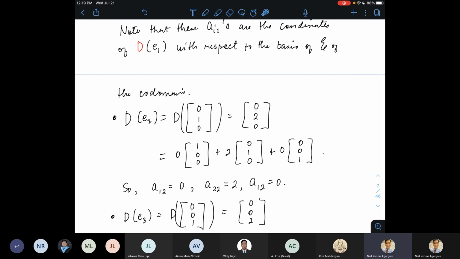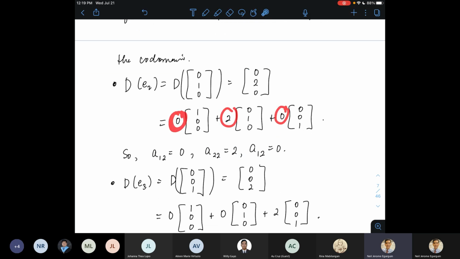Again, it just so happened that I chose the canonical basis for the codomain. All right. And then I'll take the coordinates 0, 2, 0 in the proper order. So that means the first scalar here will be A12, the second scalar will be A22, and the third scalar will be A32. Oh, that should not be A12, that should be A32.